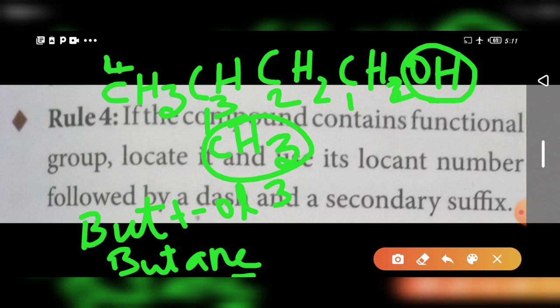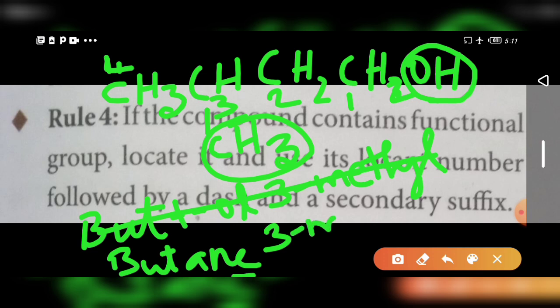So you put 3-methyl. So butan-1-ol and 3-methyl, or otherwise you write it as 3-methylbutan-1-ol. Okay, this is the correct way.